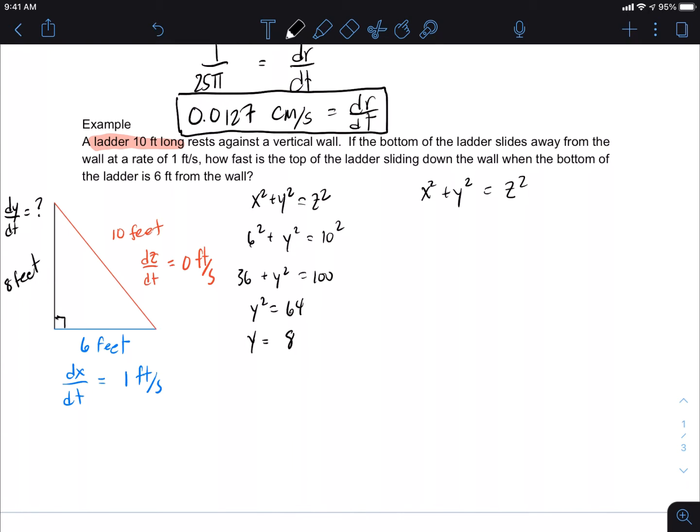And since we're taking the derivative with respect to time, all of these are differentiated with respect to time. So all of these will be implicitly differentiated, right? So we're going to end up with 2x dx/dt plus 2y dy/dt is equal to 2z dz/dt.